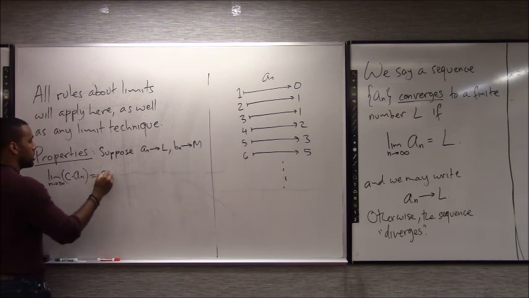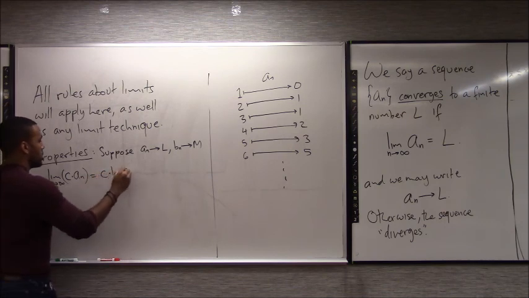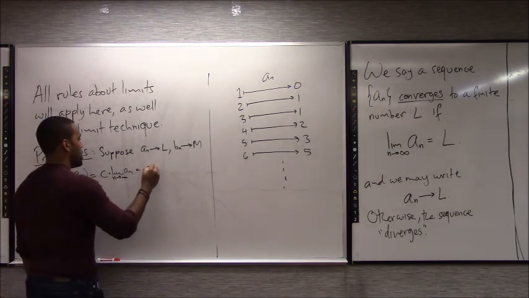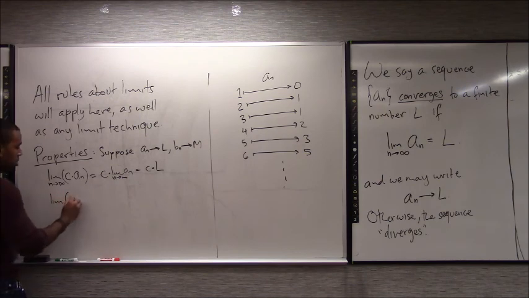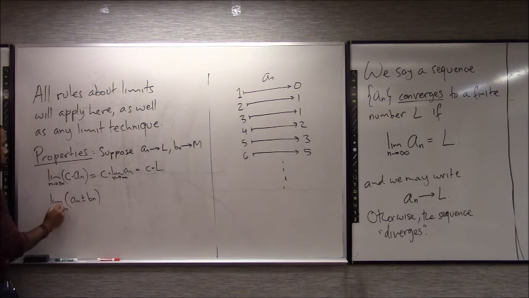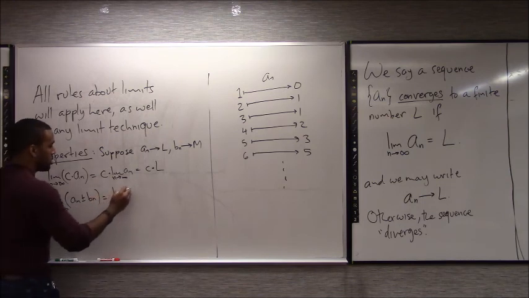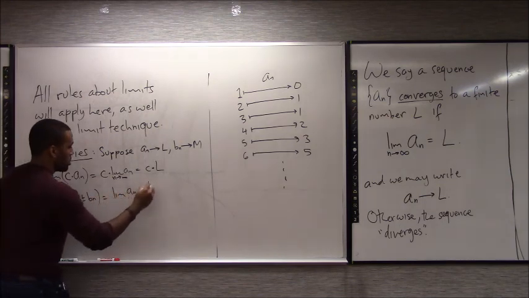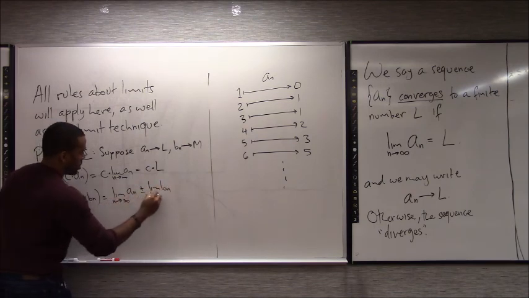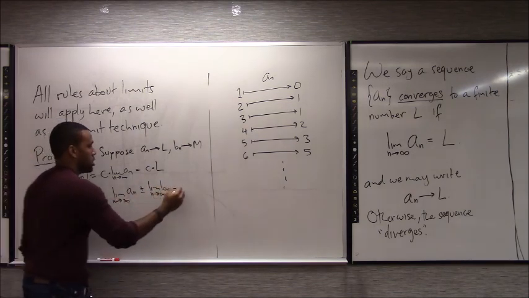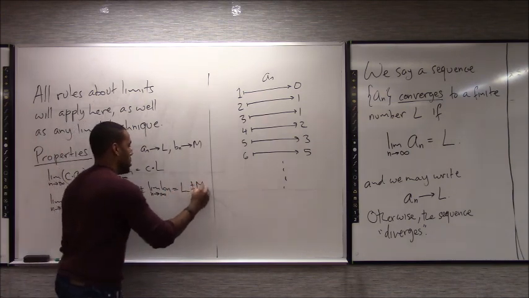That's just going to be a constant times the limit, which is just c times L here. So you can factor constants outside. Limits distribute across sums. So if I add two sequences together, find the limit, it's just going to be the sum of the individual limits. Which here it's going to be L plus or minus m.